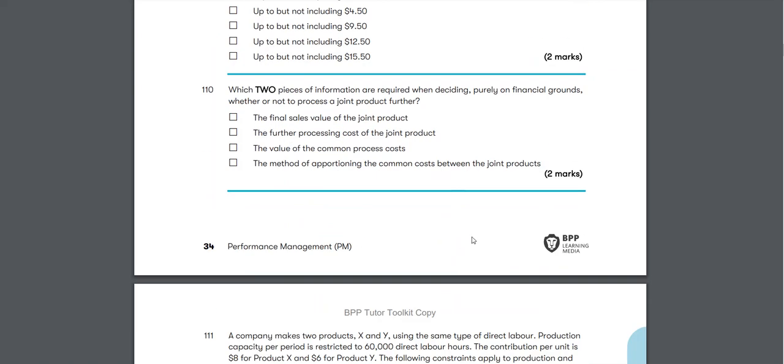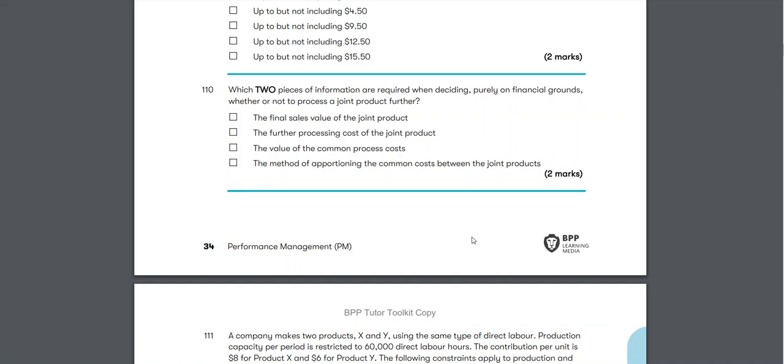Okay, which two pieces of information are required when deciding purely on financial grounds whether or not to process a joint product further? Remember, for joint products further processing, we have financial consideration as well, non-financial consideration as well. Non-financial consideration would be, for example, the effect on customer of further processing.